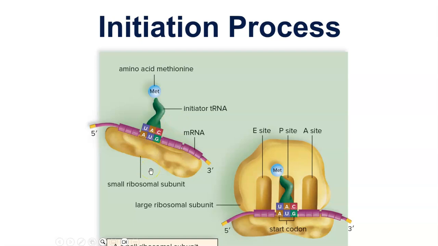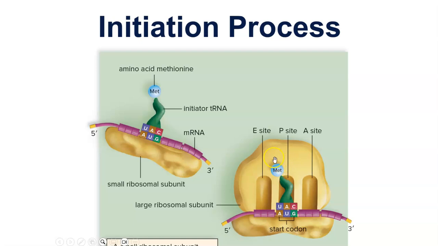Okay, so that occurs in the A site. I always say A site is the amino acid site. That's where the amino acid is added. And then the messenger RNA will shift and move that same codon and that same amino acid to the P site.